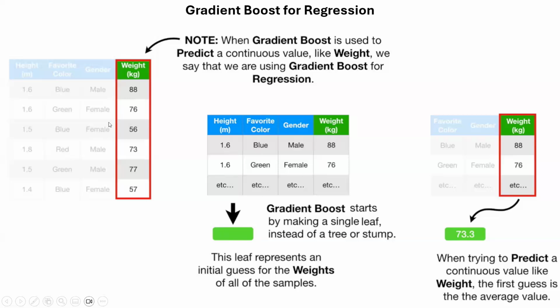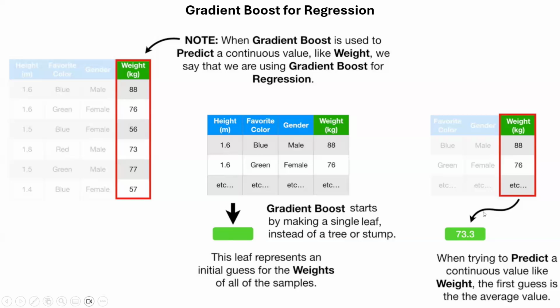We come up with one single value, which would be the value of weight for all the samples.